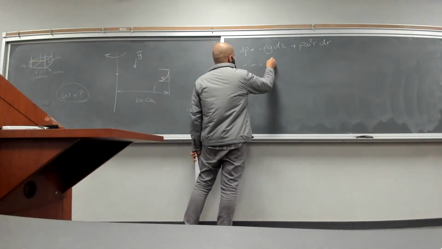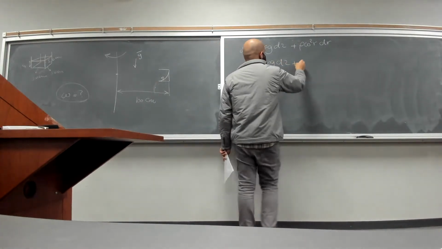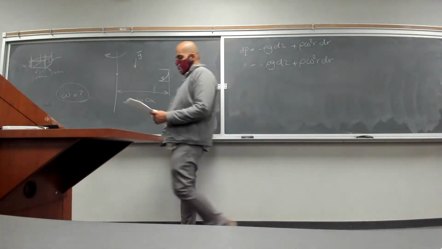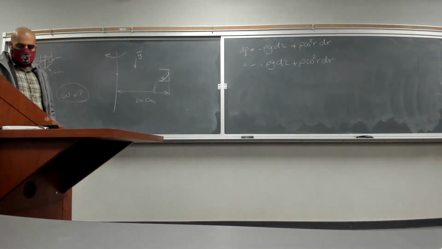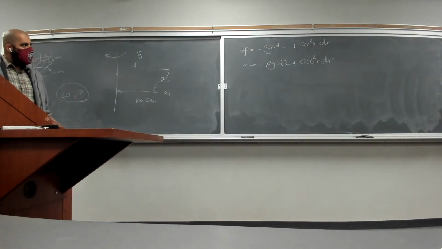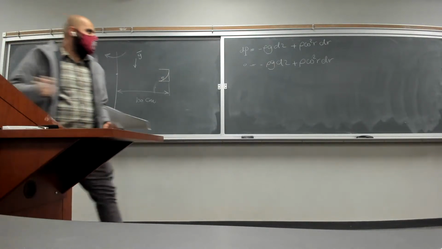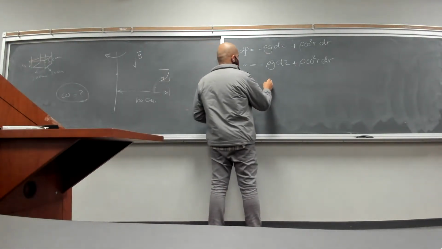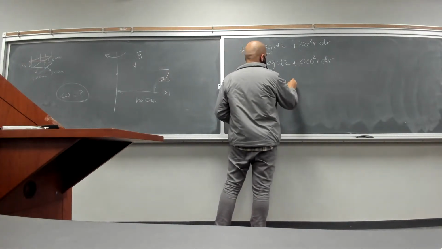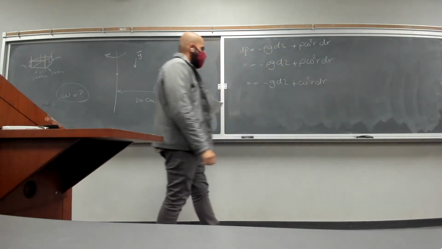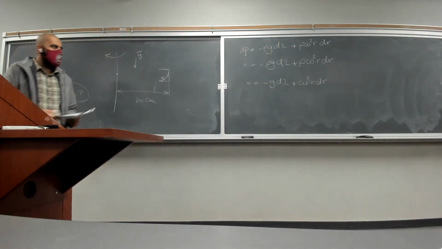So 0 is going to be negative rho g dz plus rho omega squared r dr. You can divide everything by rho as well, to make it even simpler. And then we can integrate.